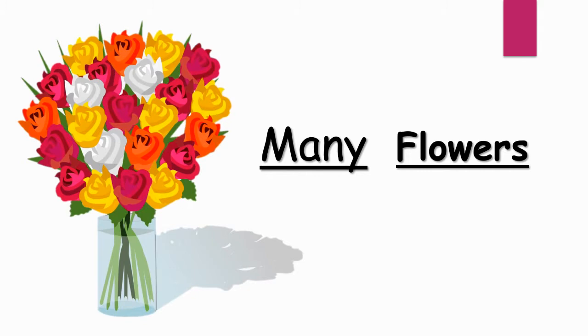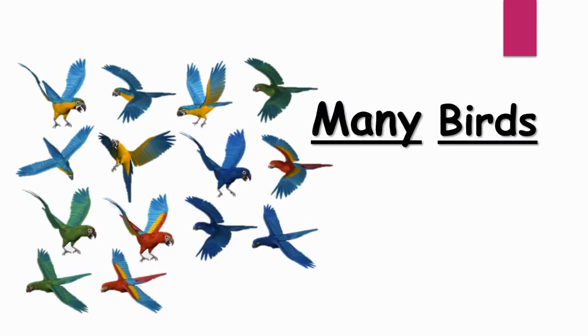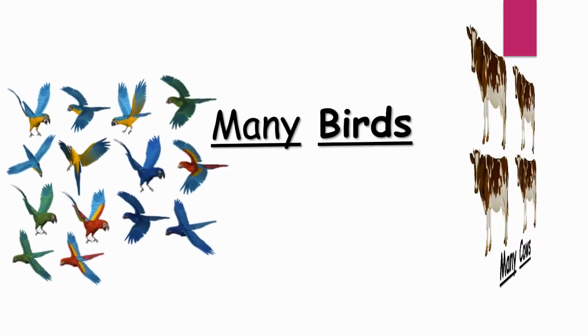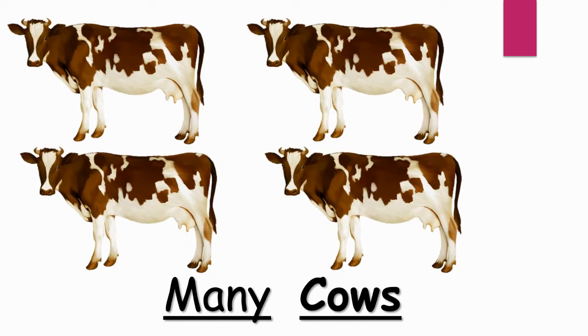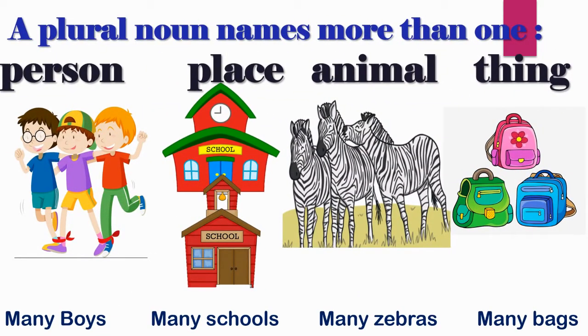For example, many flowers, many birds, many cows. A plural noun names more than one person, place, animal, thing. For example, many boys, many schools, many zebras, many bags.